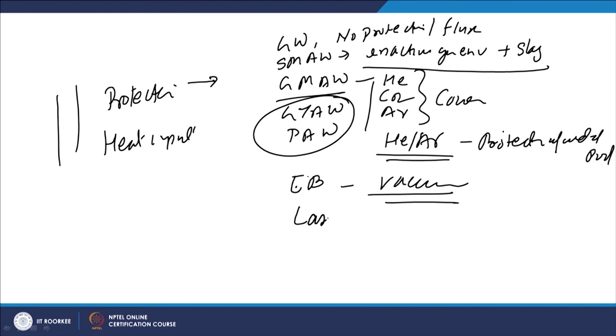And then the laser, which can be carried out either in ambient condition or in the inert atmosphere using argon or helium as a shielding gas.